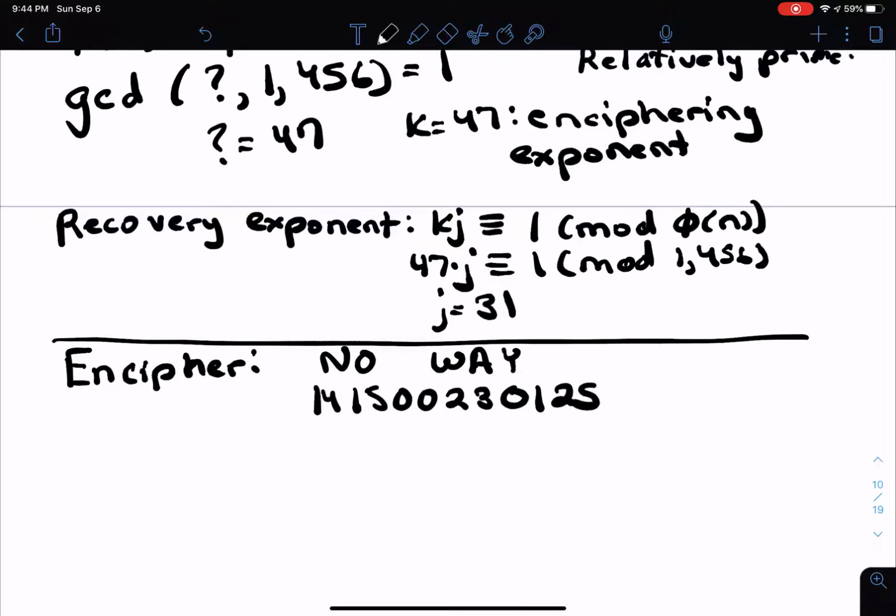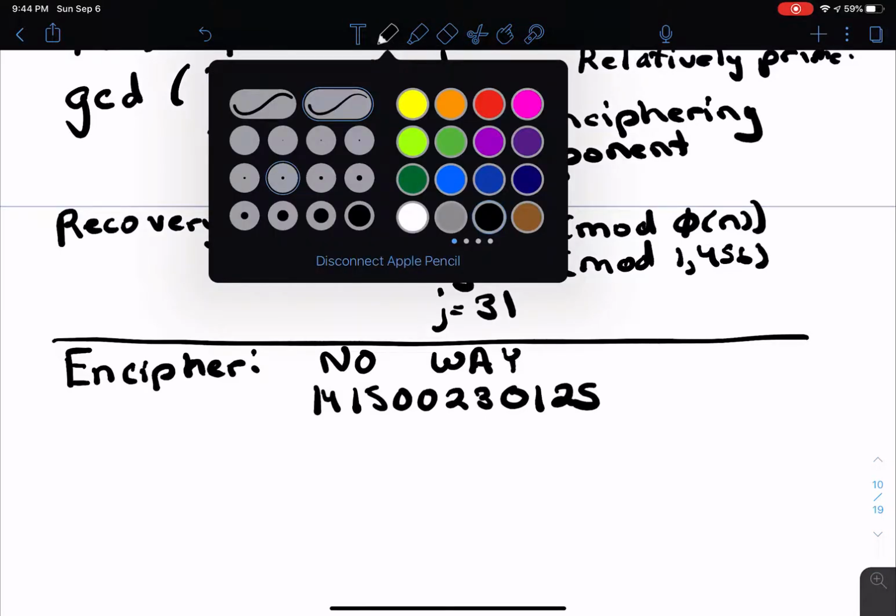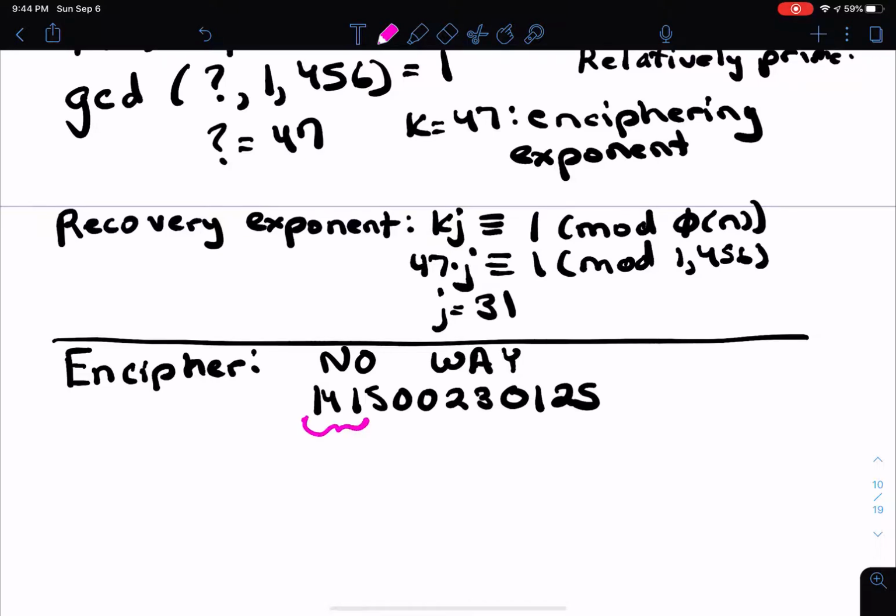So N is the 14th letter in the alphabet, O is the 15th, the empty space is 0, 0, W is the 23rd, A is the 1st, Y is the 25th. So we just put that into numbers. And then we're going to break that up into groups of 3.